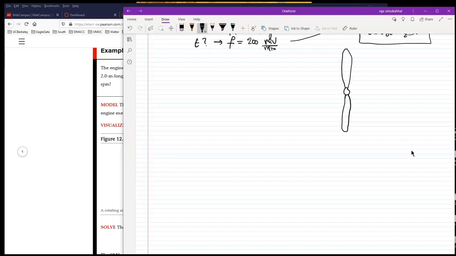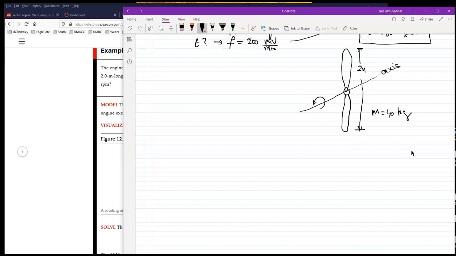And here's the axis of rotation right there, and it is rotating like that. And the length of the rod is 2 meters, and the mass of it is 40 kilogram.